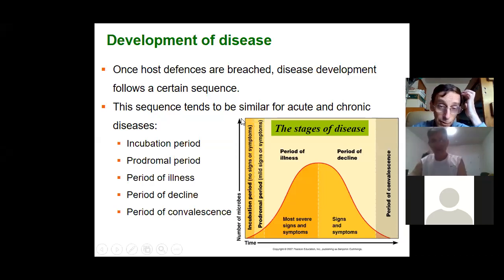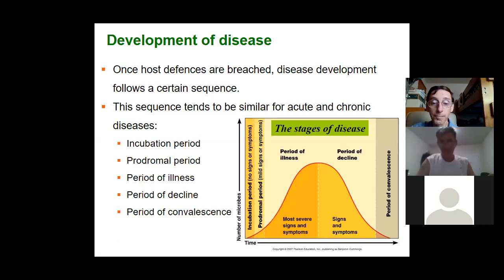So the higher up you go, the higher the intensity of the signs and symptoms. So incubation is from when you first have disease to the point where you first have signs or symptoms.